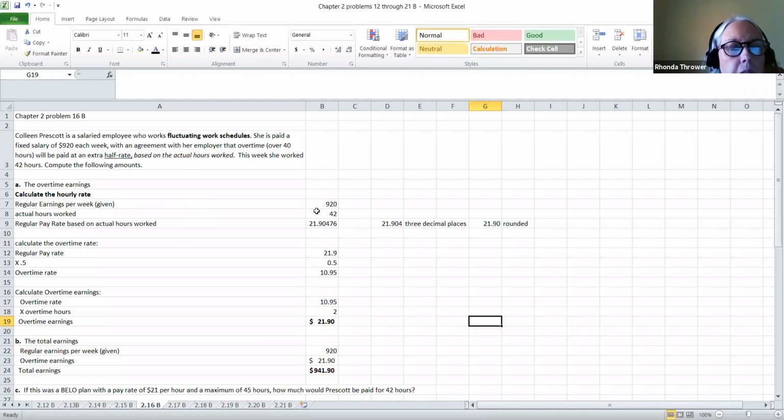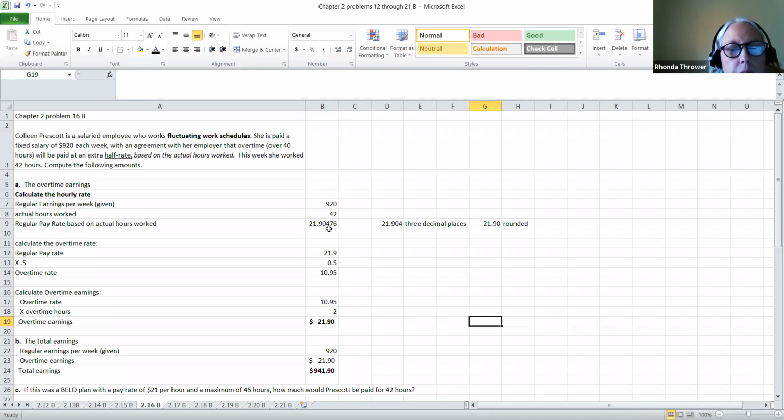The regular earnings per week are $920. Because she works a fluctuating work schedule and her pay is based on the actual hours worked, this employee worked 42 hours. So we have to divide the regular earnings by the actual hours worked.